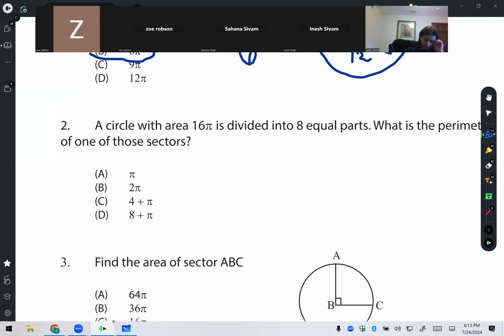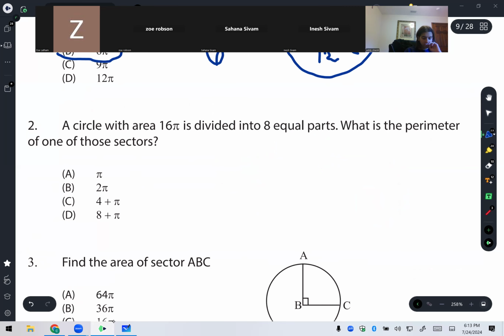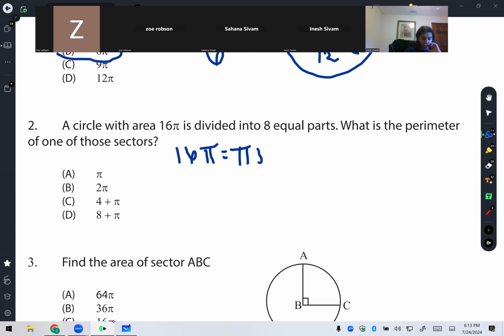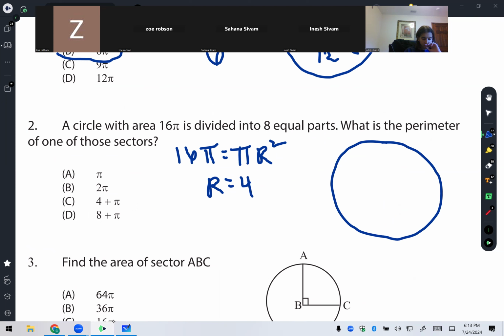Okay, here we have a different scenario. A circle with area 16 pi. So we have to get the radius. They don't give us that clue. So the radius would be 4. And so if I drew the circle, we want the perimeter of the whole slice.